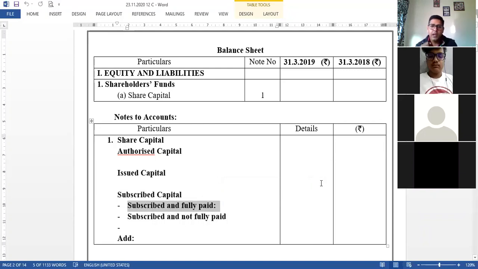Now उसमें कैसे लिखोगे आप? तो there are two conditions. बहुत ध्यान से सुनना and if possible write it somewhere. There are two conditions to be fulfilled for the amount to be categorized under this particular head, subscribed and fully paid. First condition is it should be fully called.